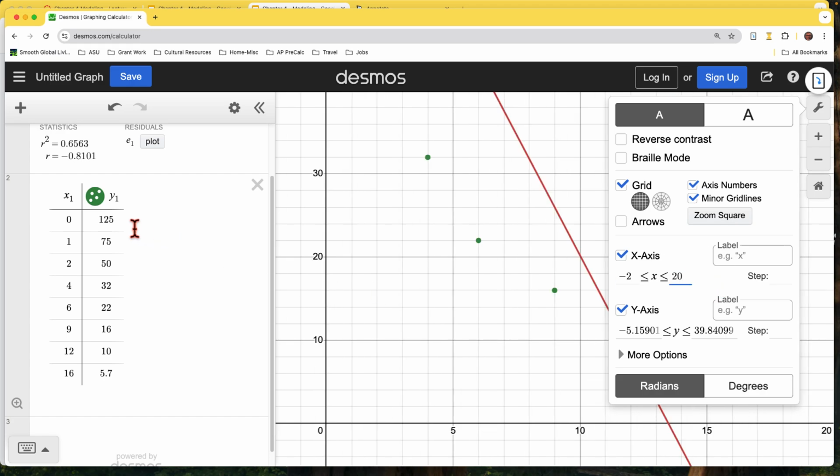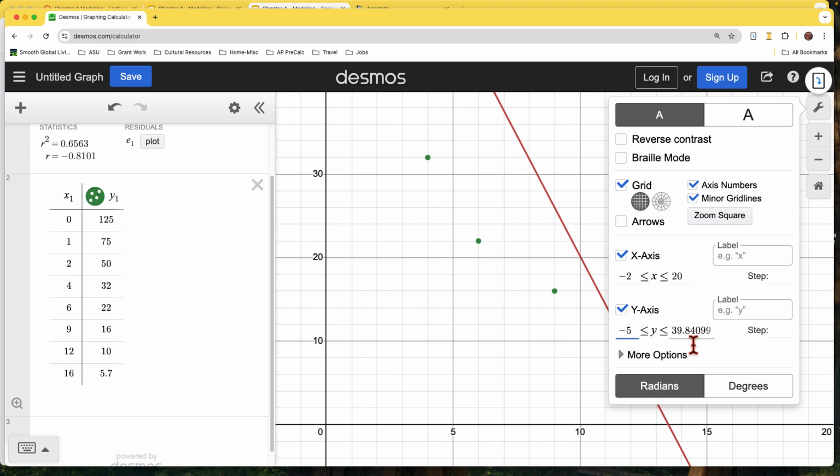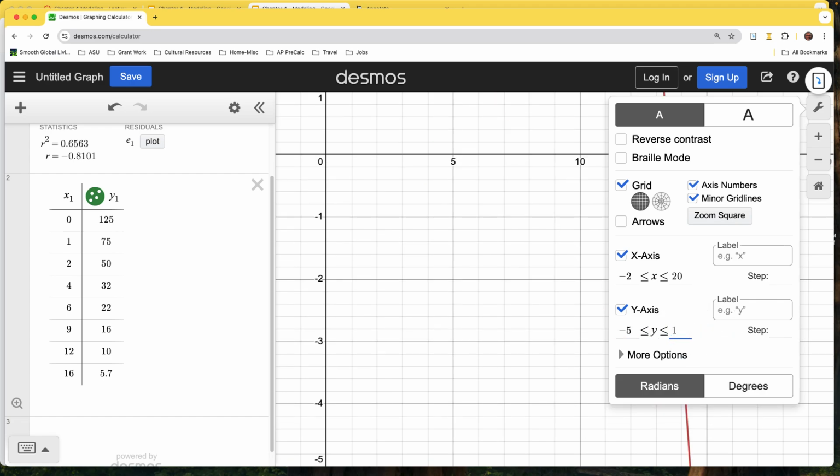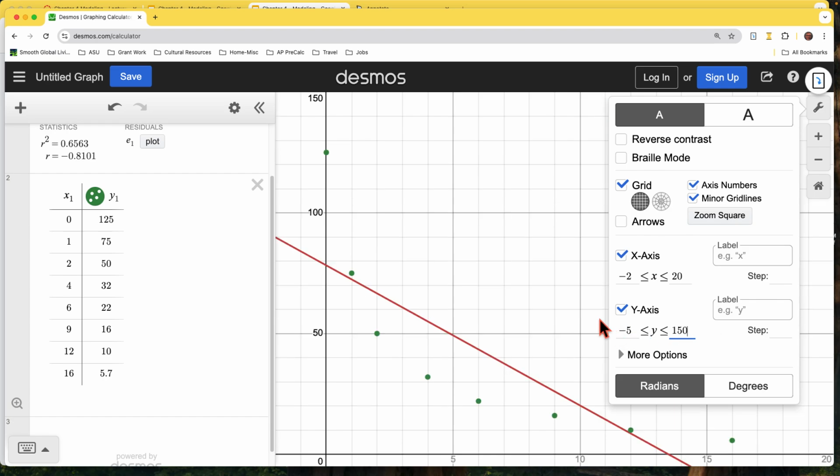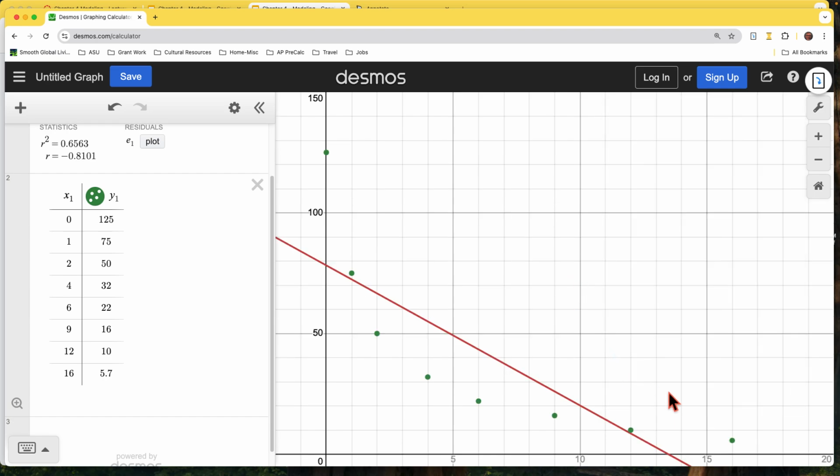And then my y values, I'm 125 down to 5. I'll go from -5 to maybe 150. And when I've done that, I can see all my dots.